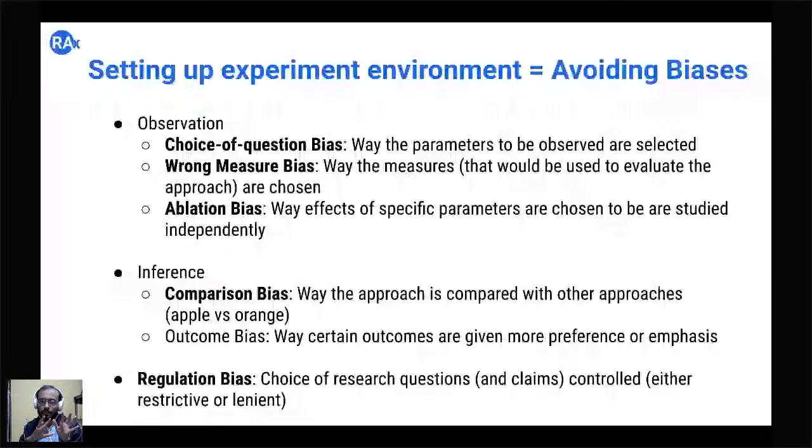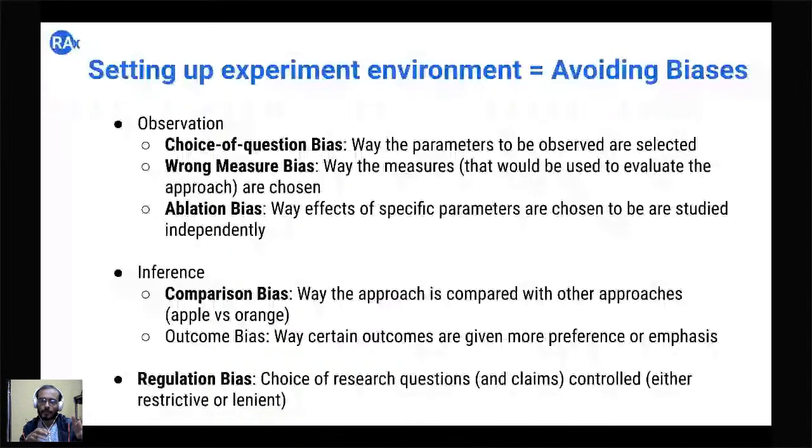One is the choice of question, which means the question you are asking when you're observing the data, the results, the findings, which means the parameters that you're trying to observe, those parameters themselves are biased, in the sense that you're choosing, intentionally or unintentionally, parameters which don't make sense in terms of establishing the reality. So those are the wrong parameters.